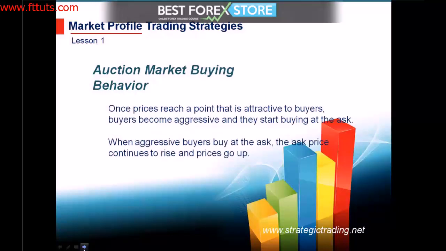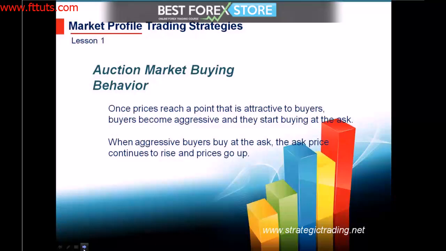The exact opposite happens when it comes to buying. Aggressive buyers are buying at the ask. And the more aggressive they get, the higher the ask. And when aggressive buyers buy at the ask, prices will continue to rise and prices will continue to go up.